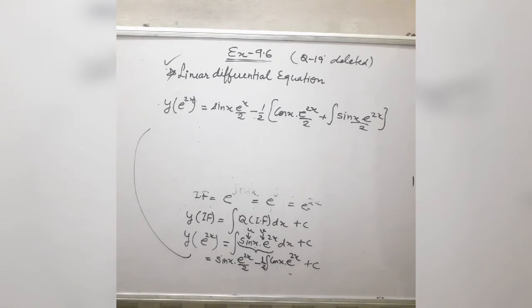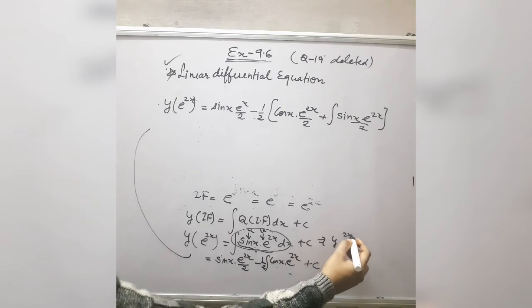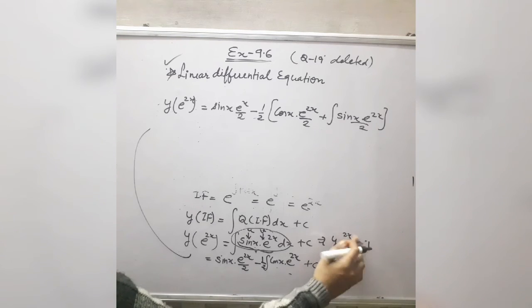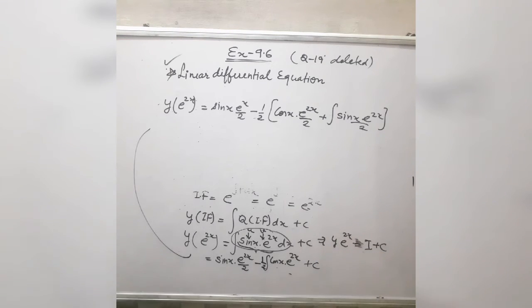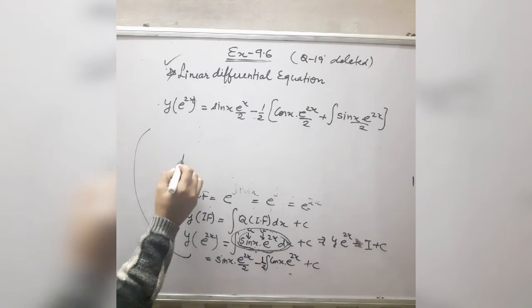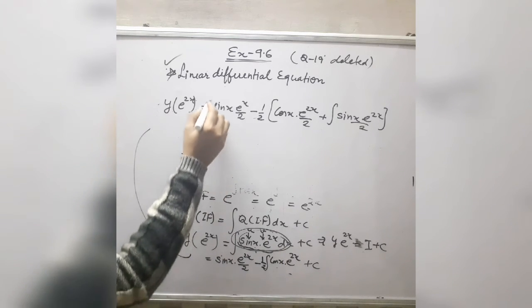Now this complete integration you can take as I. It becomes y times e raised to power 2x equals I plus c. So what is the value of this integration? Here you are getting the value of I equal to this term.